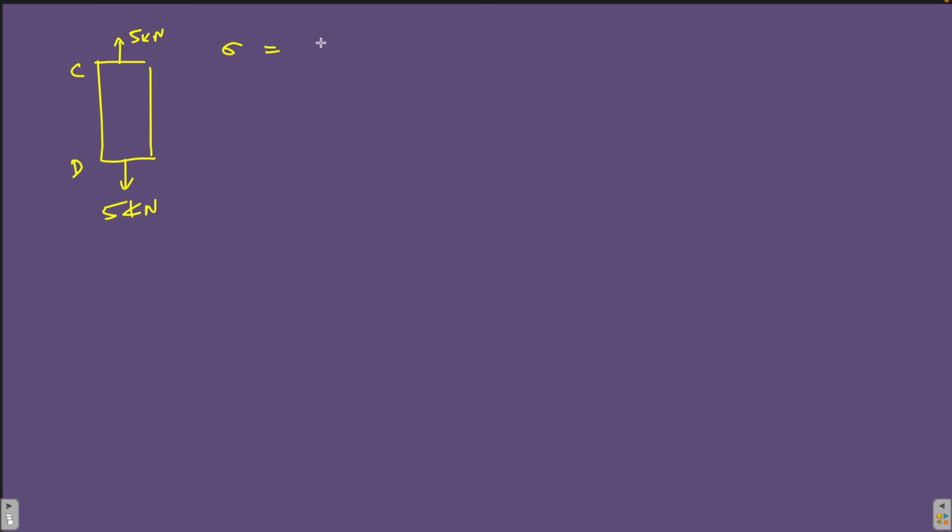Stress will be force per unit area, that is 5 kilonewton into 10 to the power 3 by area, which is 20 into 20. So that will be 12.5 MPa, right?